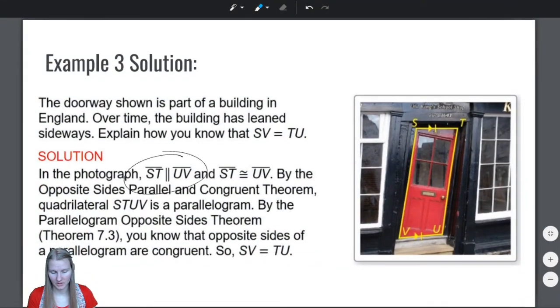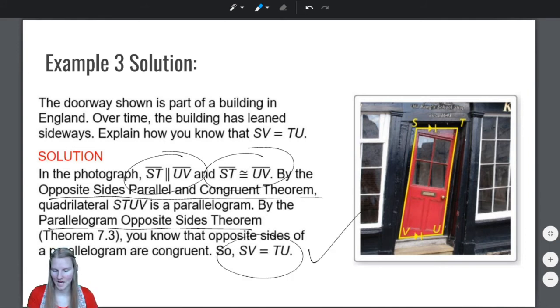ST is parallel to UV and ST is congruent to UV, so by the opposite sides parallel and congruent theorem, quadrilateral STUV is a parallelogram, and then by the parallelogram opposite sides theorem, we know that the opposite sides of a parallelogram are congruent. So, SV equals TU. Yay! We said the same thing.